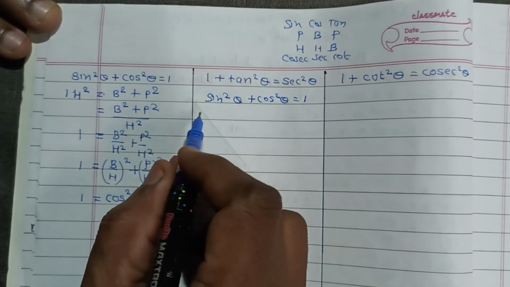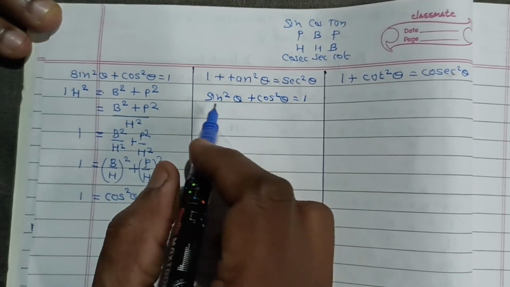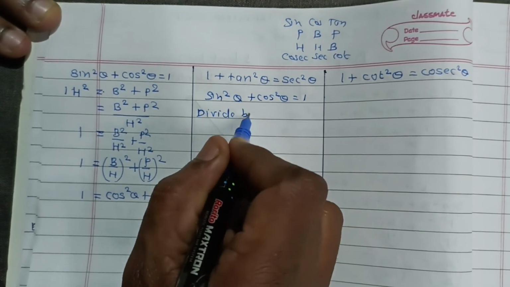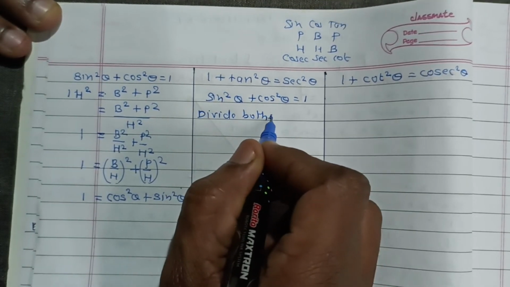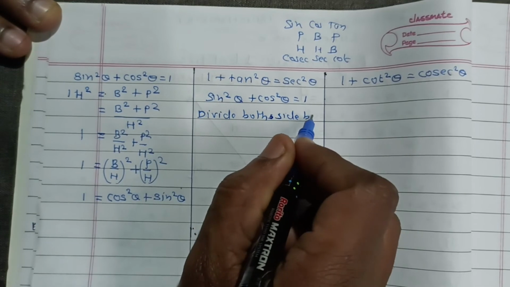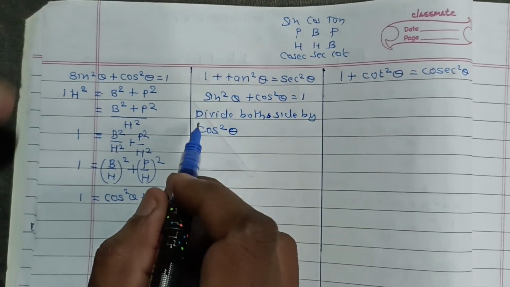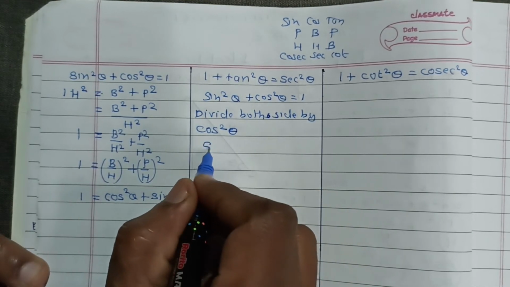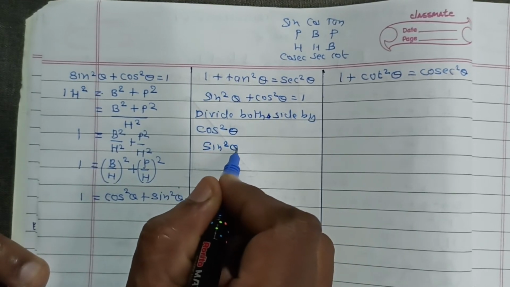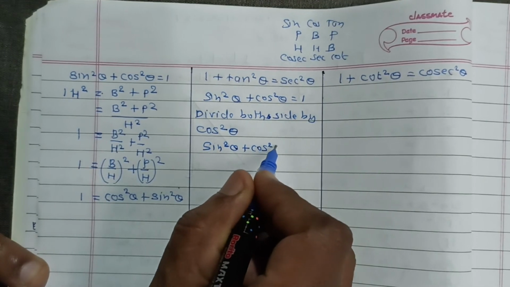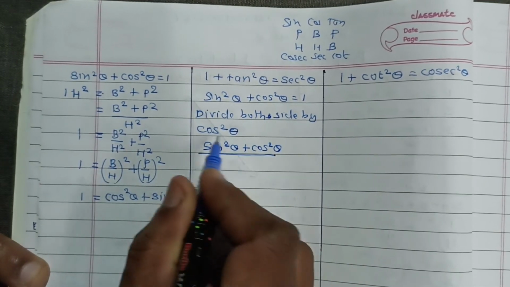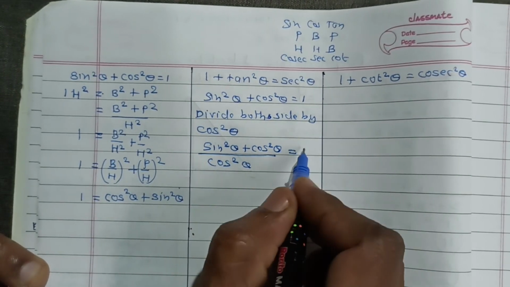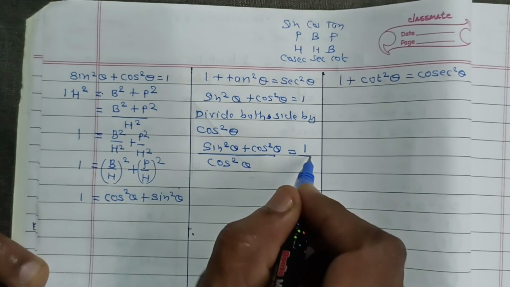So what you have to do, you have to divide both sides by cos²θ. So sin²θ plus cos²θ, you have to divide by cos²θ, is equal to, this side also you have to divide by cos²θ, 1 upon cos²θ.